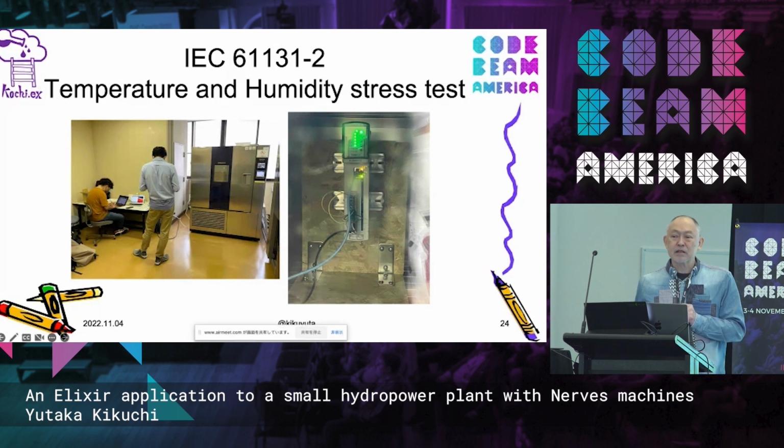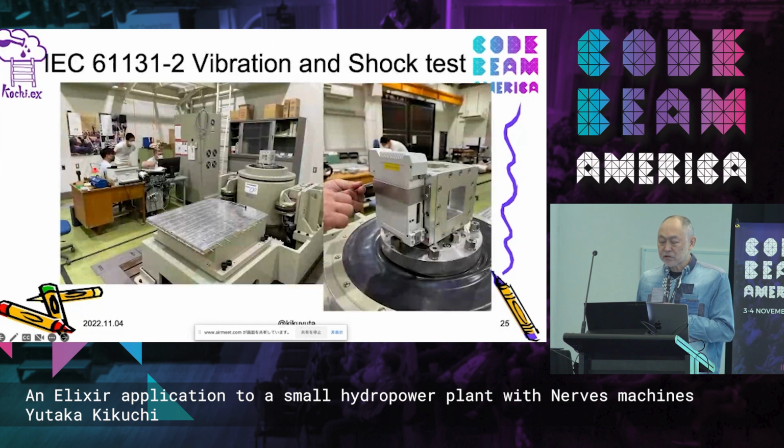It's a standard of the PLC machine, but we tested according to this standard. Also, we checked our modules with vibration and physical shock according to the standard. It was proven that our modules are robust enough as conventional PLCs.